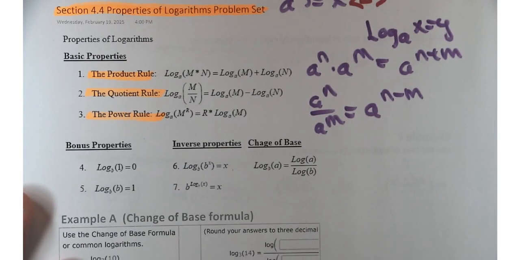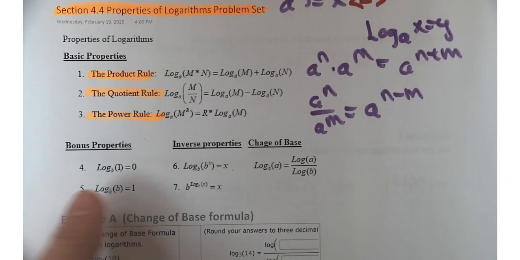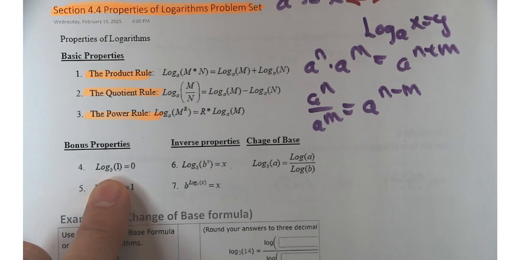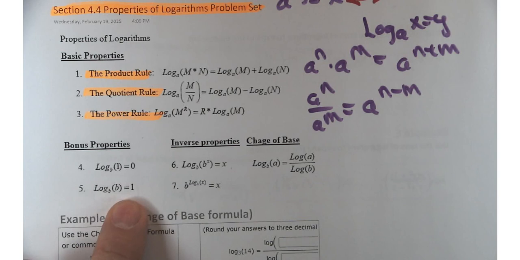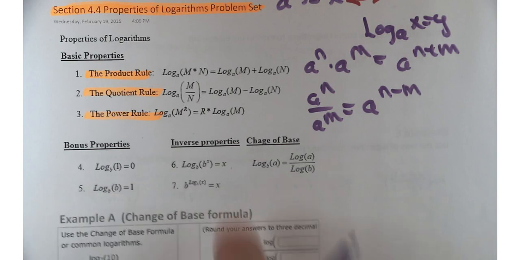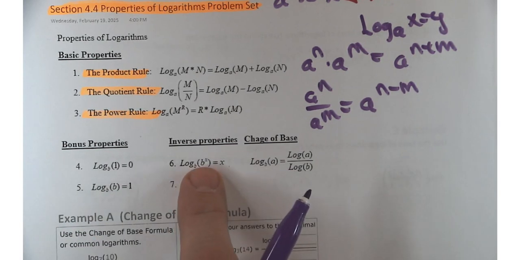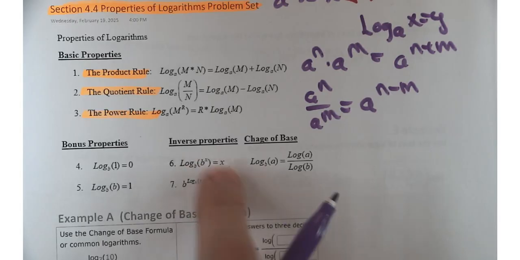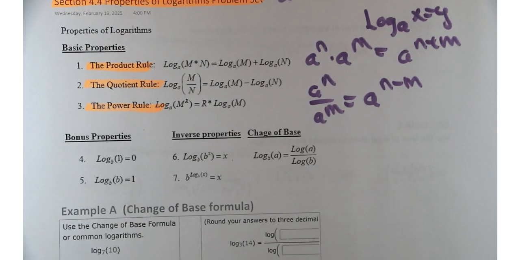There's a few other properties that are good to know. If you have log base b of 1, that's always going to be 0. Log base b of b is 1, so those are a couple default ones. More generally speaking, log base b of b to the x is x. These two operations cancel each other out because they're inverses.